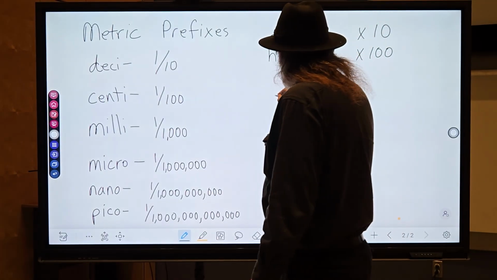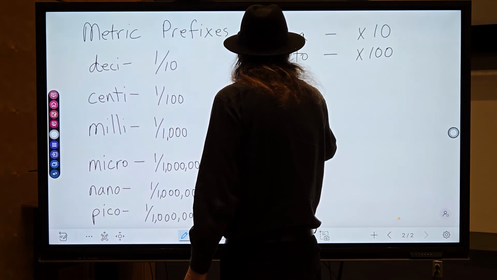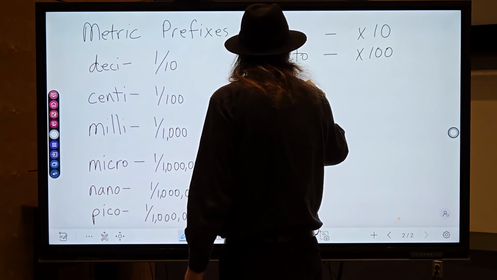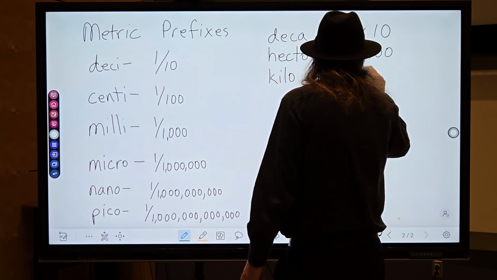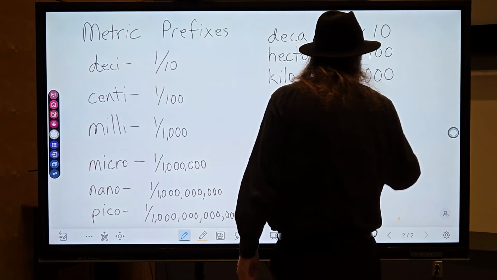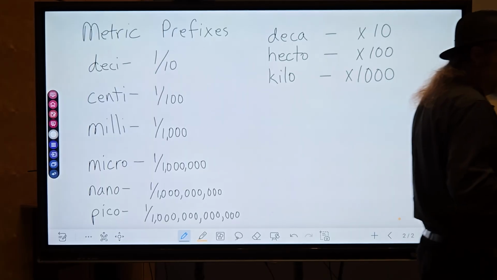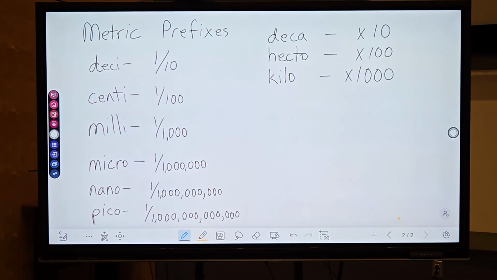Then you have the more commonly used kilo, times 1,000. Kilogram, which is about 2.2 pounds.